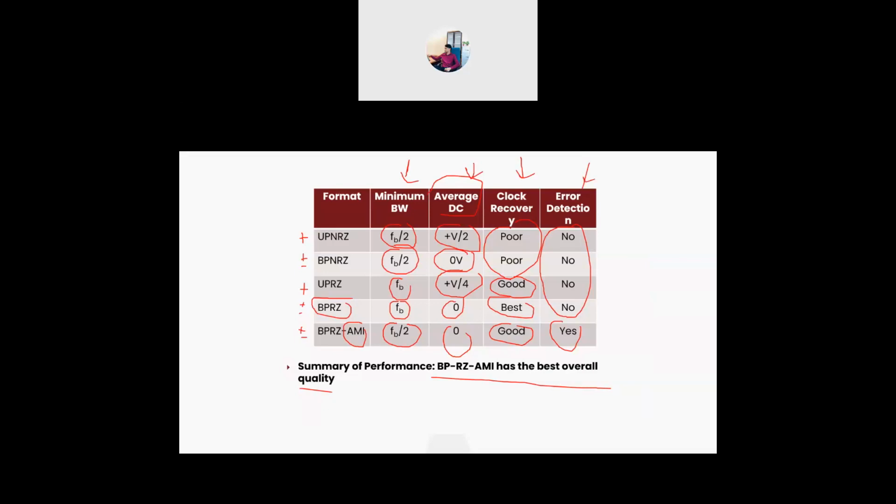For example, compared with BPRZ, BPRZ AMI requires half the bandwidth, so less bandwidth is needed, it has comparable clock recovery, and it is able to detect errors.